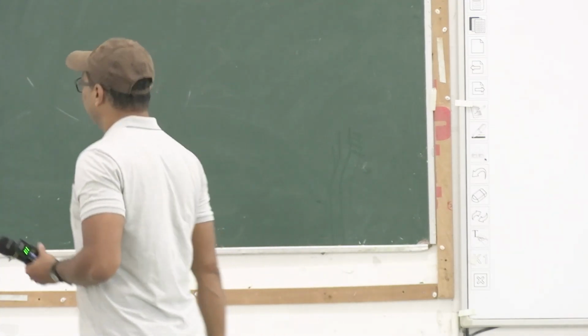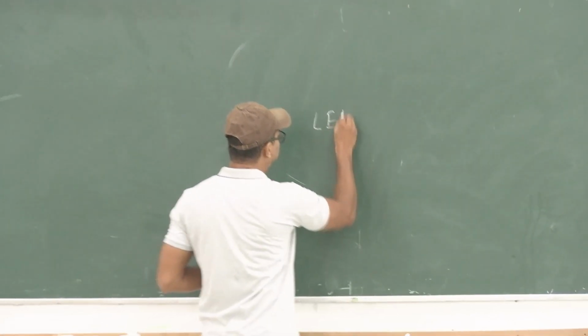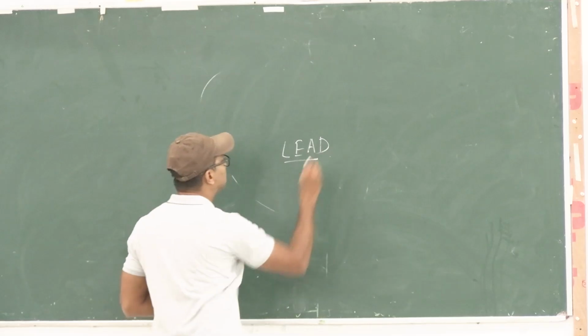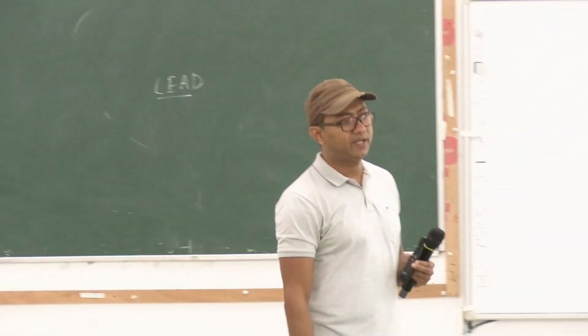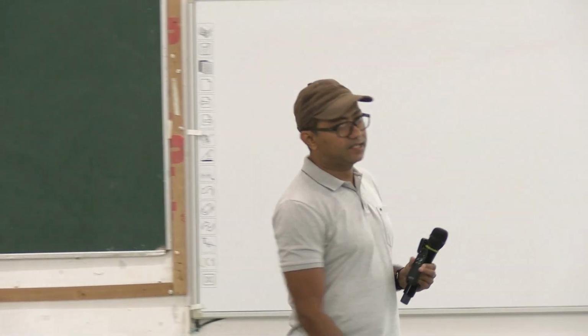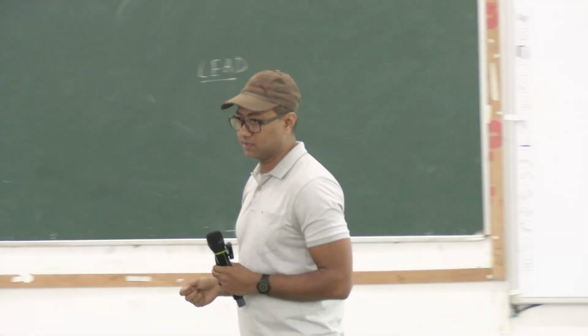Now, ECG leads. What is a lead? The definition of a lead is a pair of electrodes: two electrodes and a voltmeter.